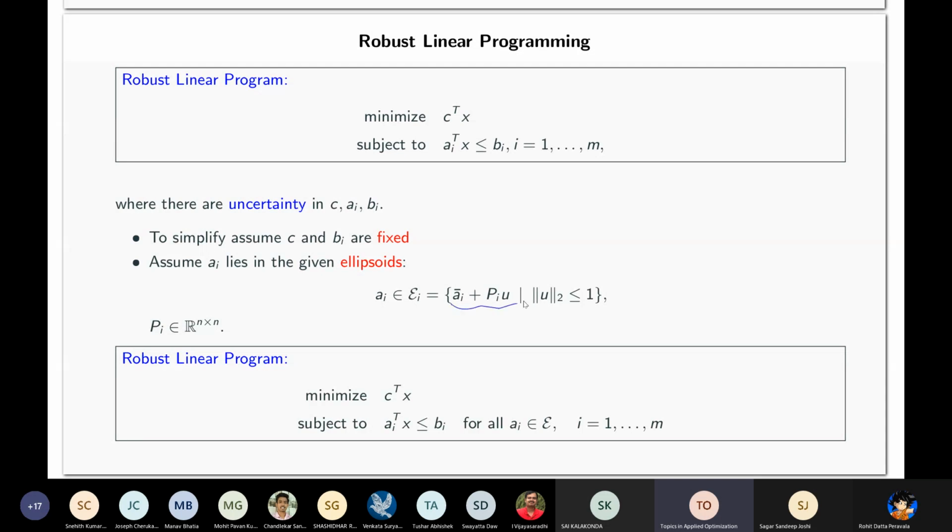This is the form of the ellipsoid that we have seen here. Then we get some other variant here, where the Ai are assumed to be lying in some ellipsoids, so there is a constraint on Ai itself, for i equal to 1 to m. We are giving a specific form to this because they do appear in some applications.